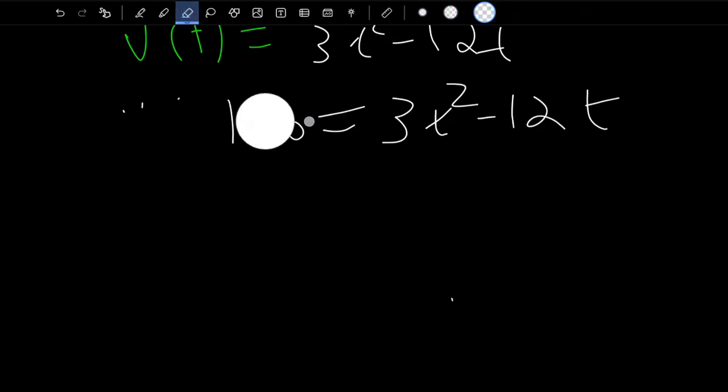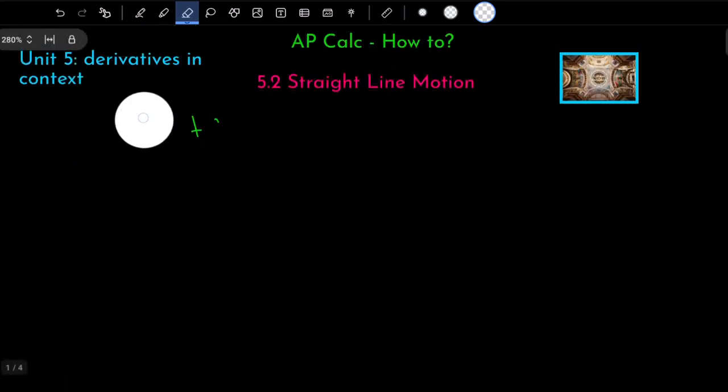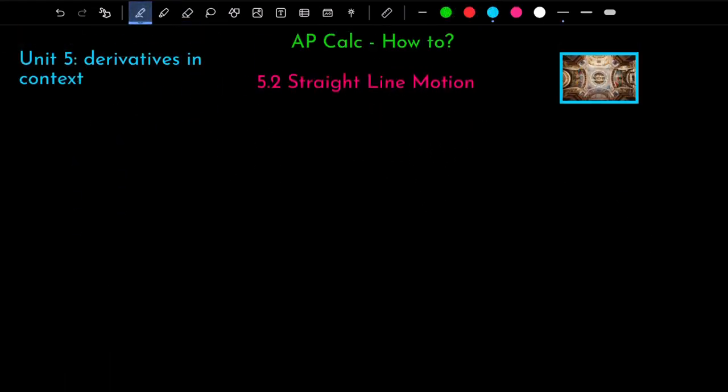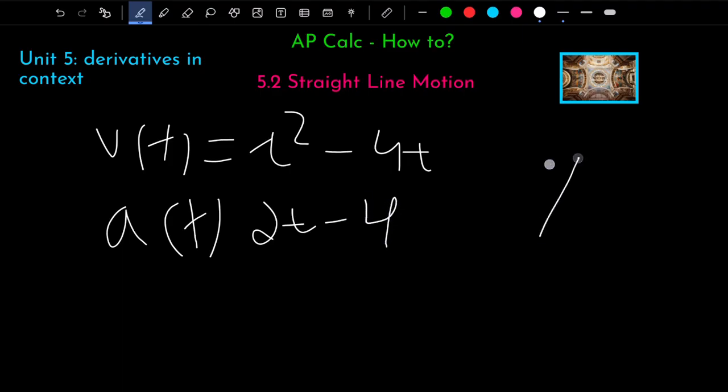Now for our third example, let v of t equal t squared minus 4t, and then a of t is going to equal 2t minus 4. When is the object speeding up, and when is it slowing down?